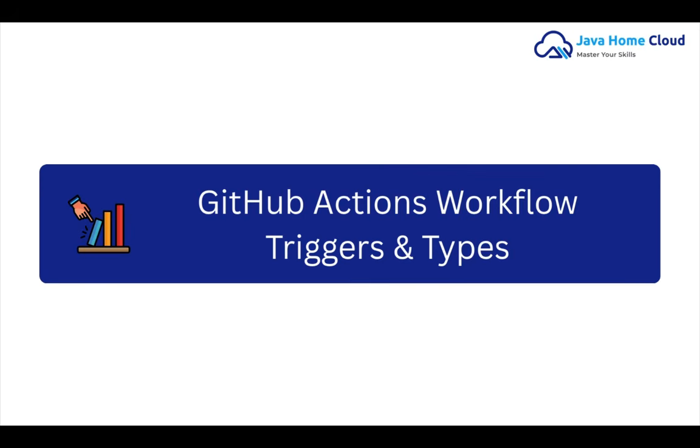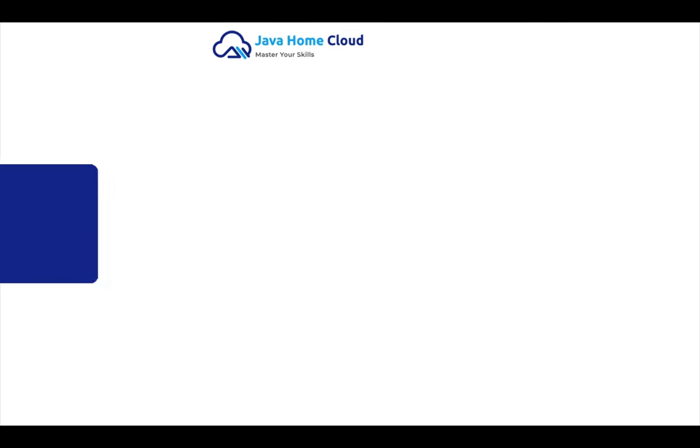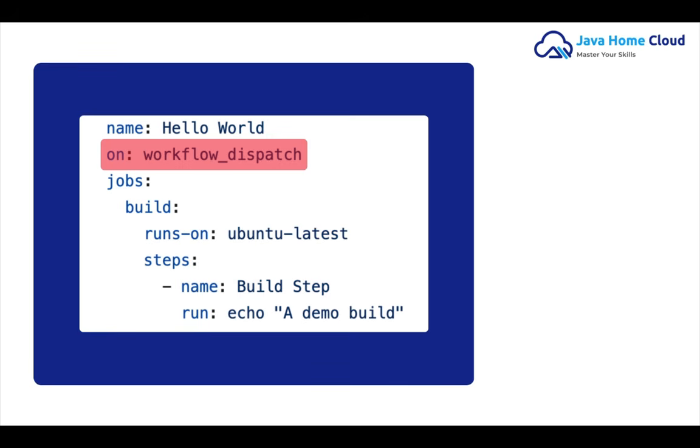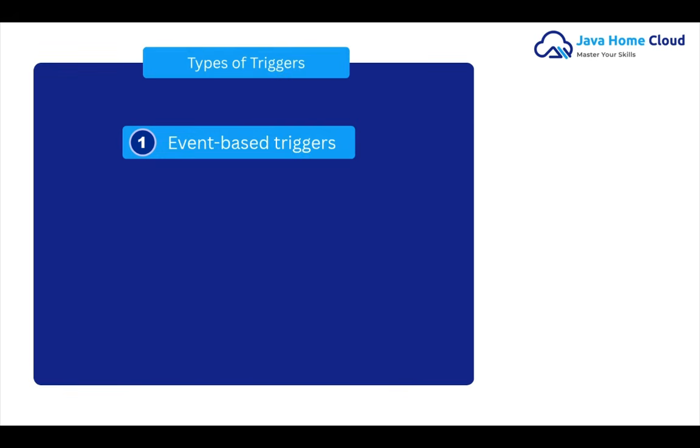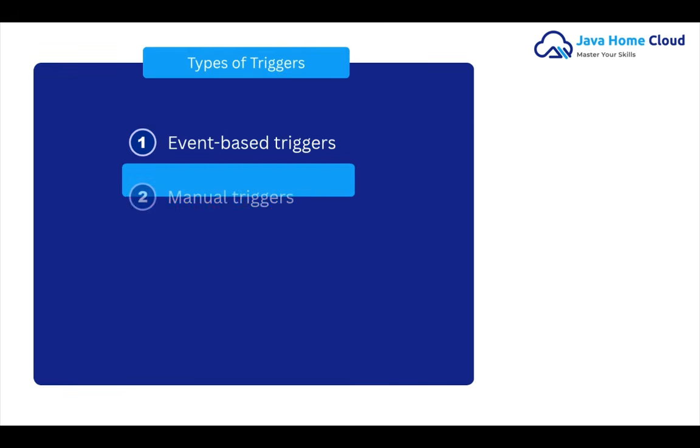Let me introduce GitHub Actions triggers. In GitHub Actions, triggers are defined using the on keyword, which determines when a workflow should run. We can categorize triggers into 4 main types. Number 1, event-based triggers. Number 2, manual triggers.